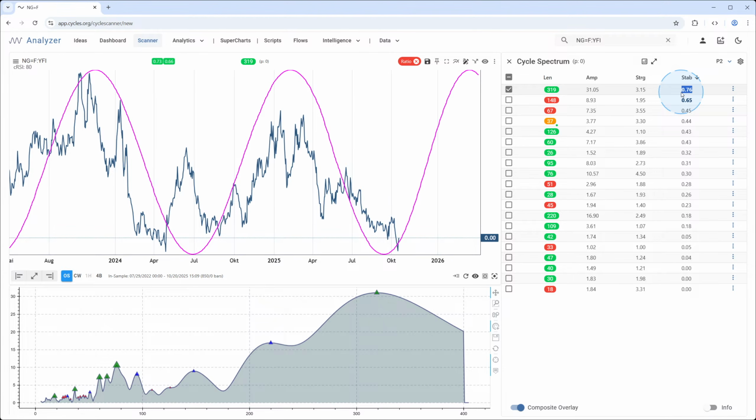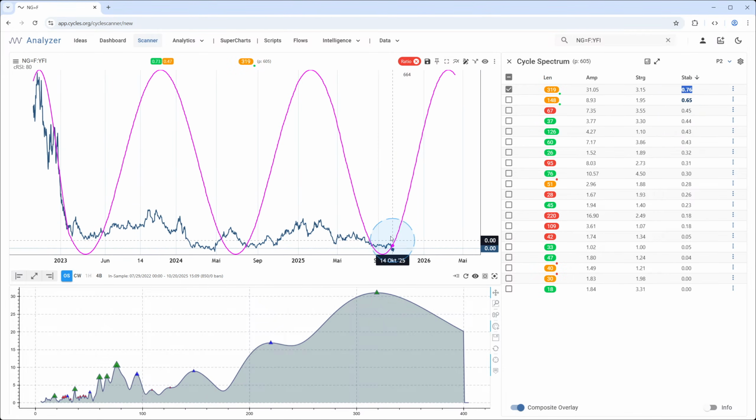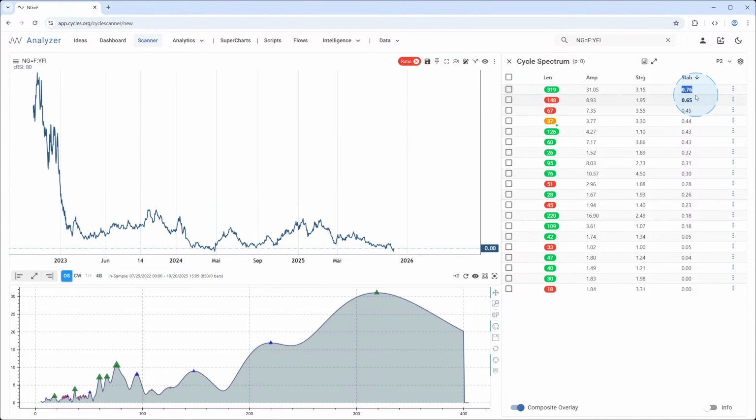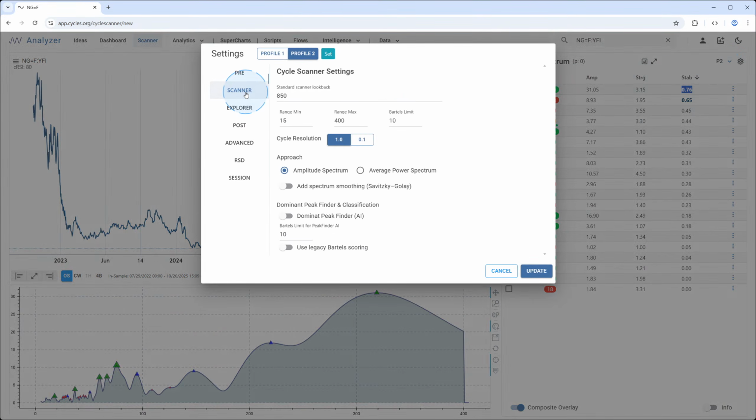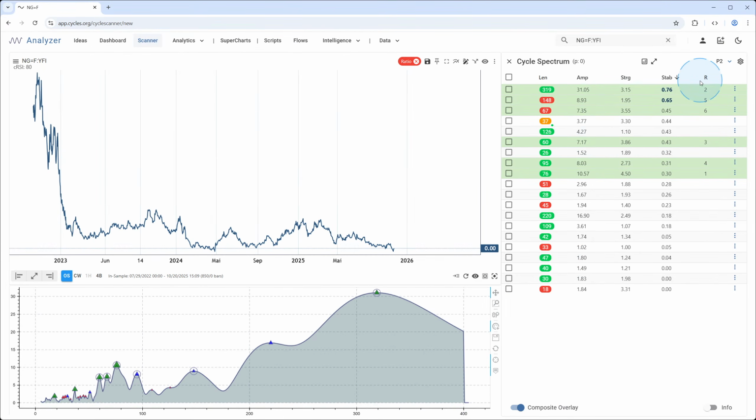That would explain the stability. You see, it's just maybe 1.5 iterations. That's the highest stability, but the perspective here in our spectrum is not as I would like it to be. You see, it's not the number 1 ranking.